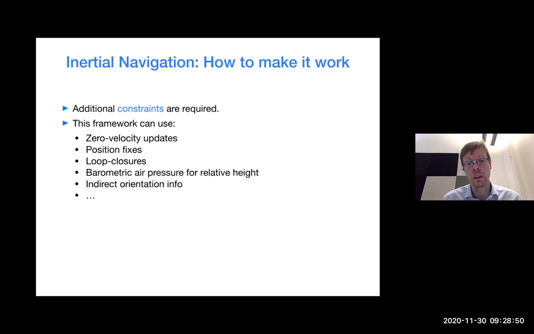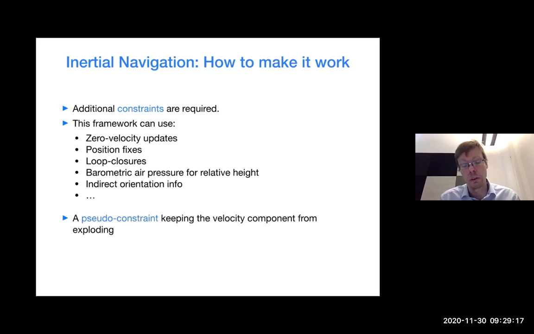One can use other external information like position fixes coming from some localization method or loop closures, where we notice that we revisit some place that we have visited earlier during the motion sequence.